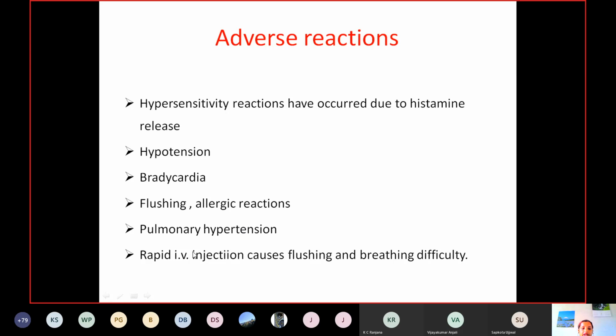If you give a rapid IV injection, it causes flushing and breathing difficulty, so this should be given by slow IV infusion. These are all symptoms of hypersensitivity reaction due to the release of histamine.